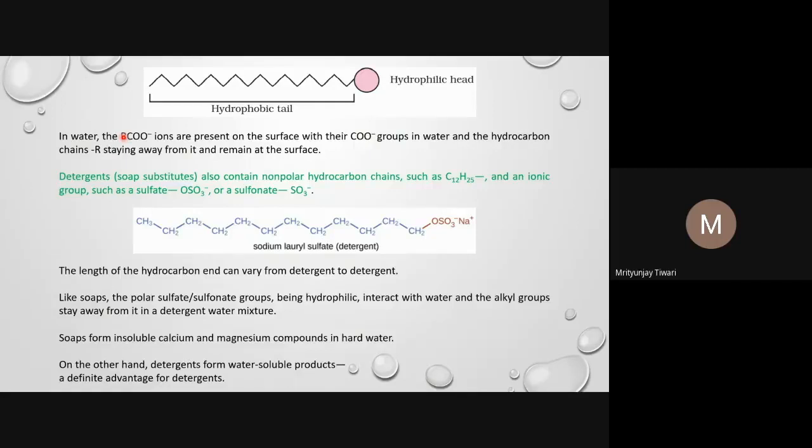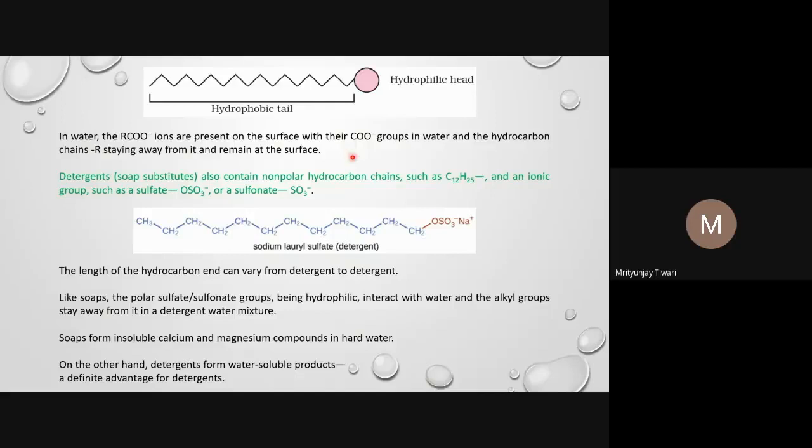So these molecules at lower concentration will always be at the surface so that the hydrophobic tail can stay away from the water, and the hydrophilic head group, COO minus, will be submerged into the water. And the detergents, which are soap substitutes, also contain non-polar hydrocarbon chains.